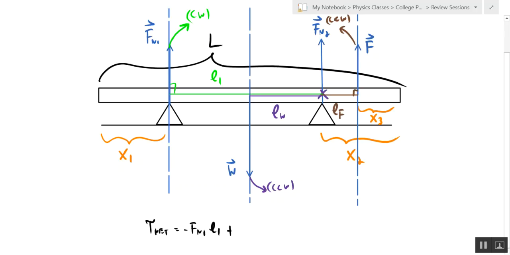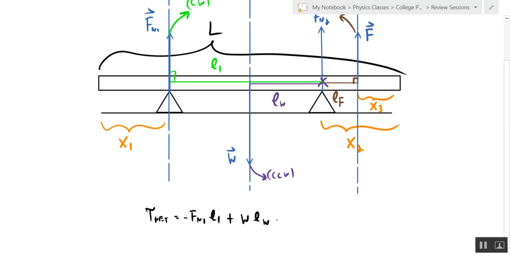This is the weight, not the mass, mg, times the moment arm for the weight, plus F times LF. This is equal to what if it's not rotating? Zero, because it's not rotating.